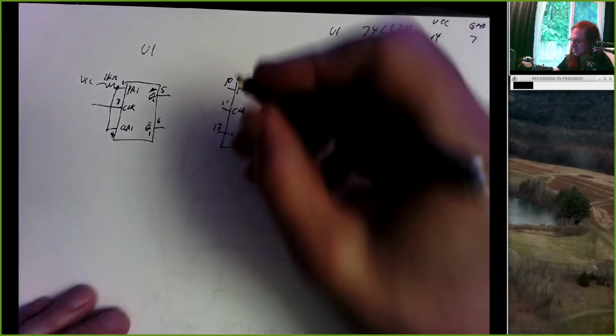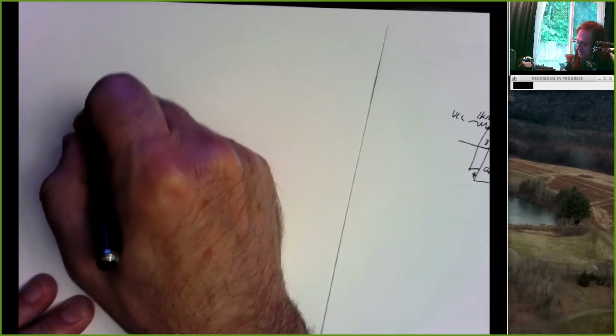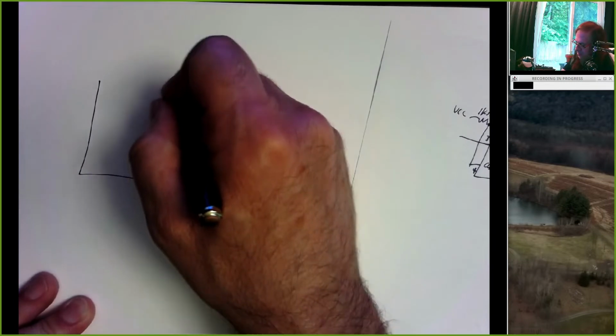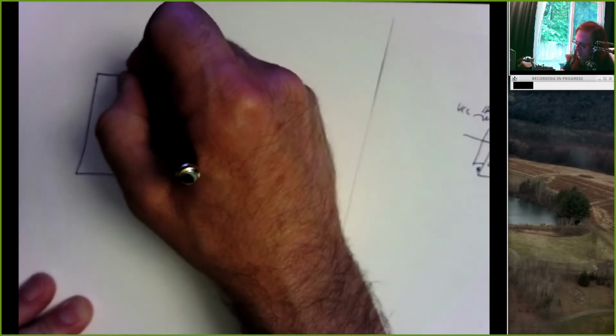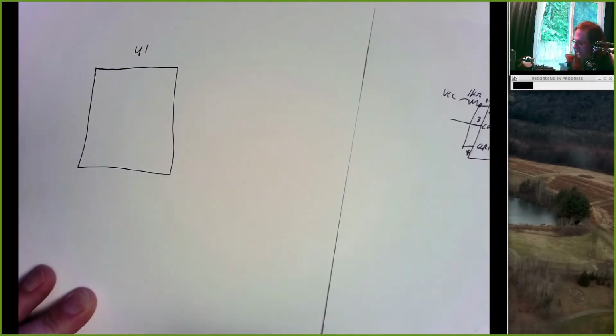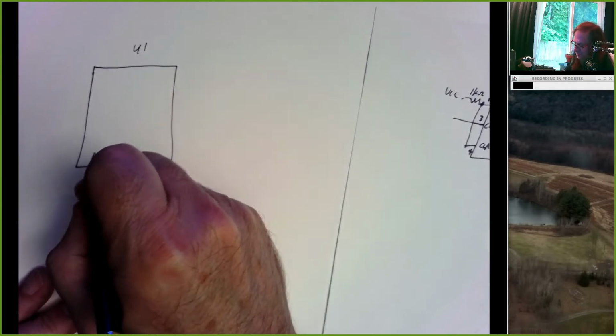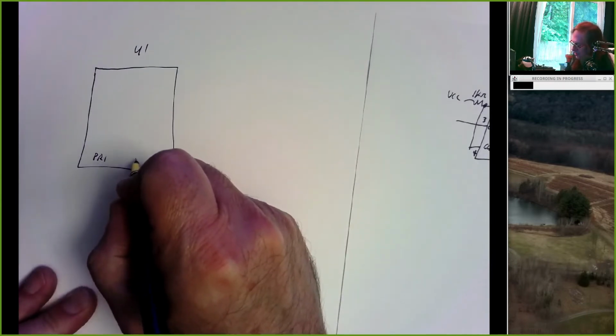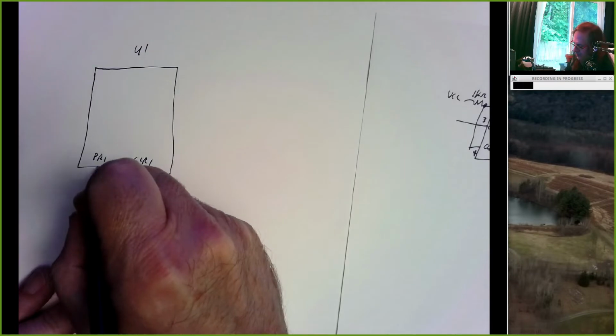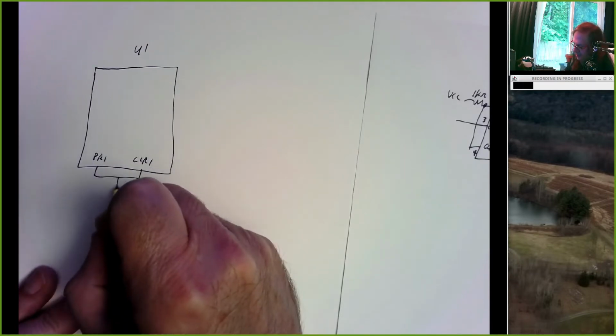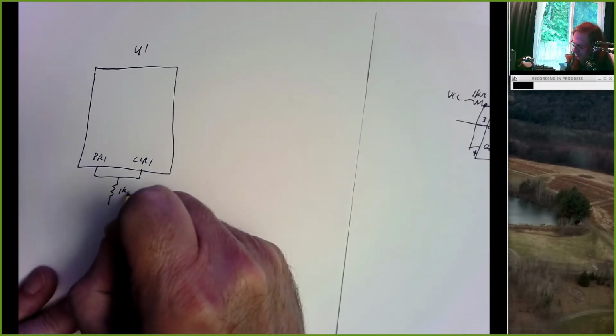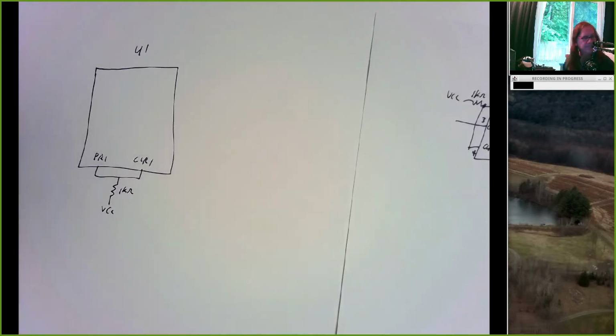So how you might draw this for your circuit diagram could be like this. This is going to be U1. Maybe I'm just going to take preset 1 and clear 1 and tie them together down here, and run that through a 1 kilo ohm to VCC.